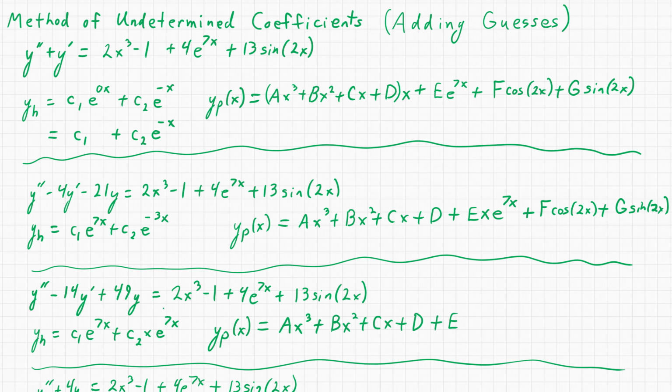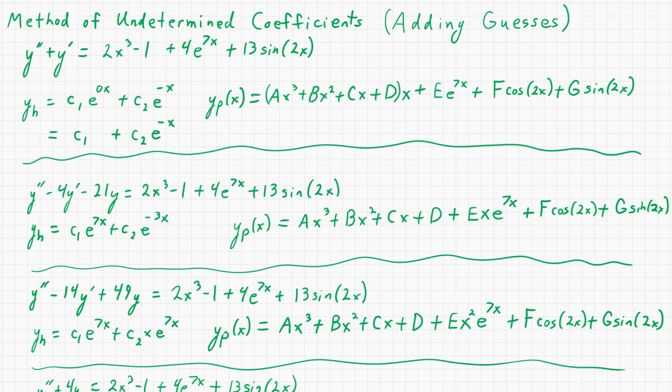And I can't write x e to the 7x because that's the next homogeneous solution. So you actually have to write x squared e to the 7x. And then that piece will work to solve for the 4 e to the 7x in the right-hand side. And then again, we have to copy over f cosine of 2x plus g sine of 2x.